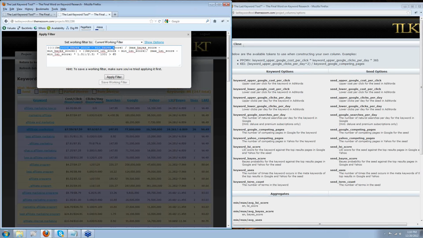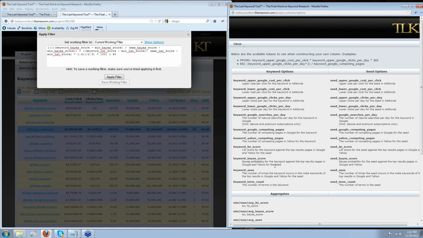So the math is just a smidge beyond me, but I understand the basics. We're taking the Bayesian score. Let's just look over here. It gives us a little bit of an explanation. So the Bayesian probability for the keyword against the top results pages in Google and Yahoo. So this is the probability.